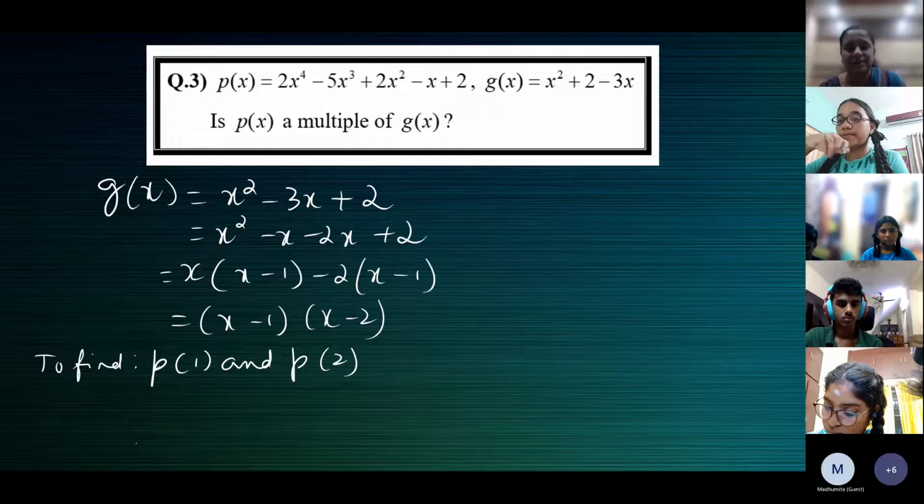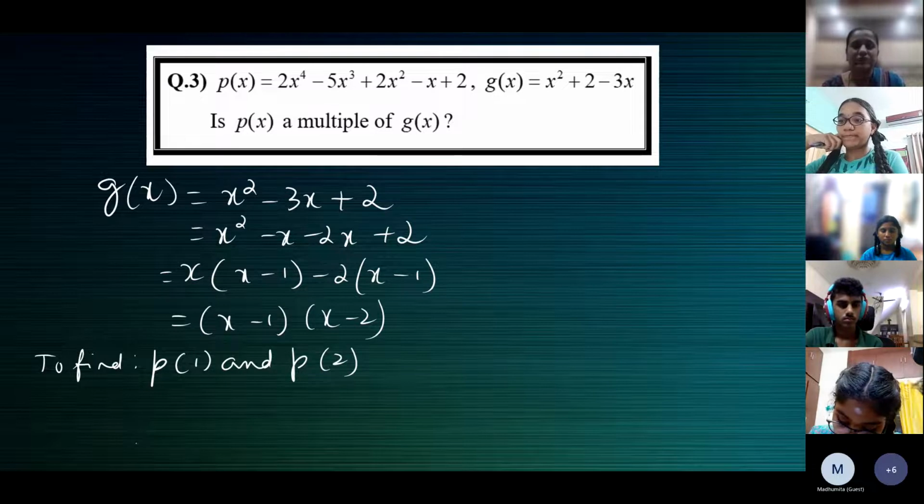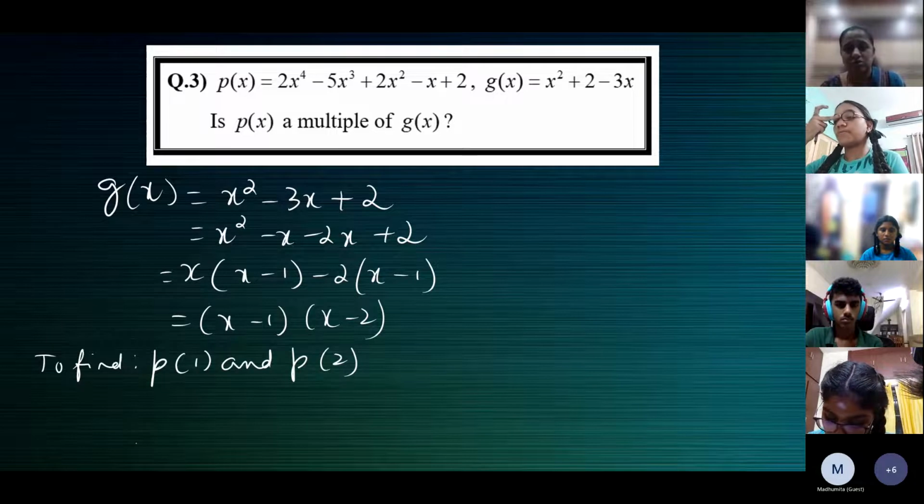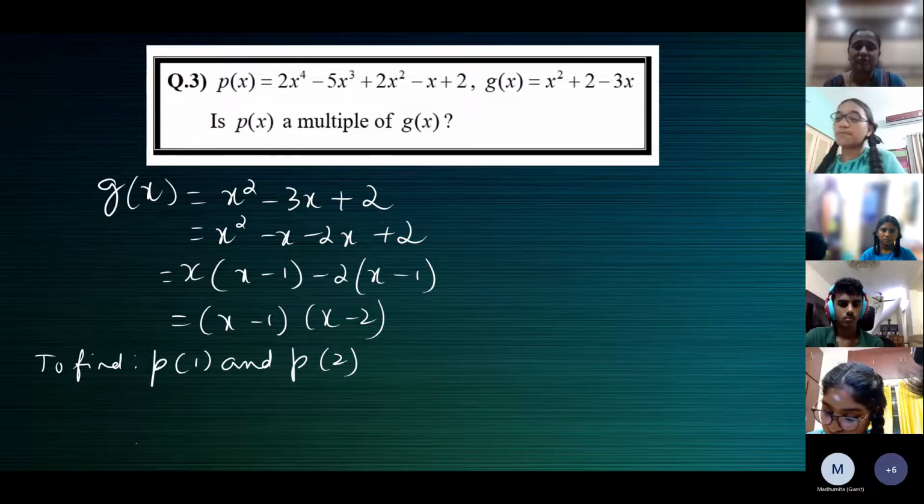The two linear factors are x minus 1 and x minus 2. When you equate each of them to 0, you will get x is equal to 1, x is equal to 2. So find p of 1 and p of 2. Both of them will be 0. Conclusion, p of x is a multiple of g of x.